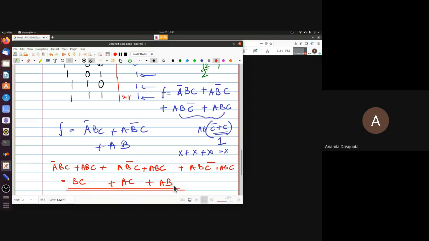So this is the simplest possible version of this particular function. Much, much simpler than what you started with or what you got by just simplifying one term. Now the problem with this approach is here we were lucky.